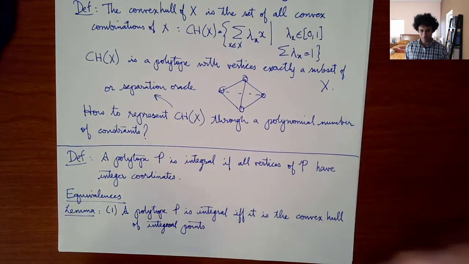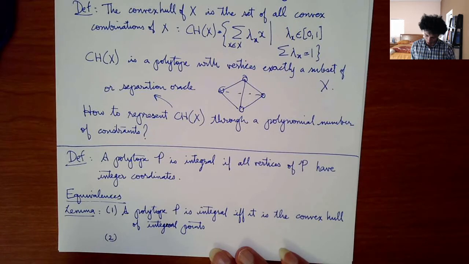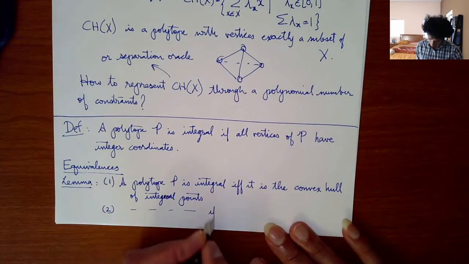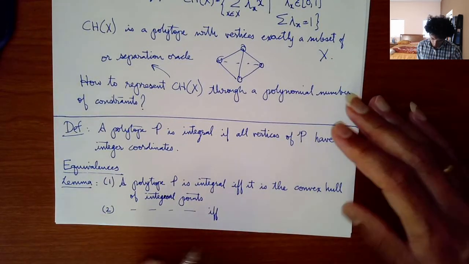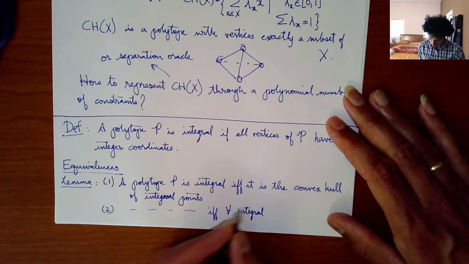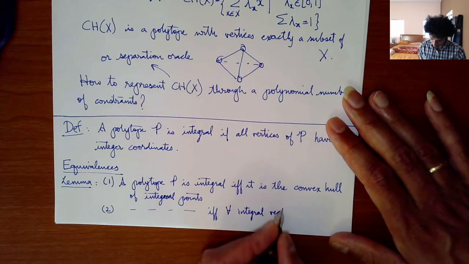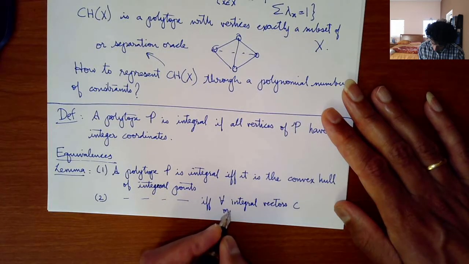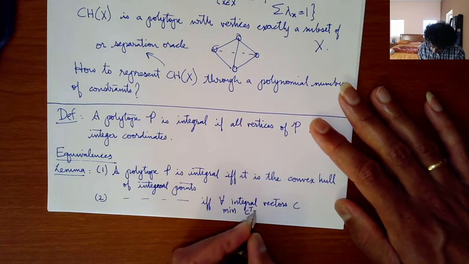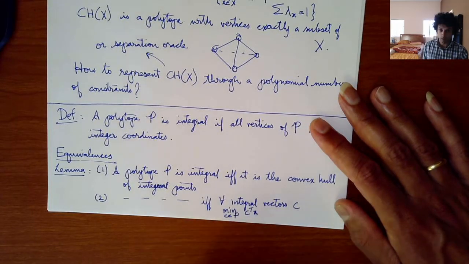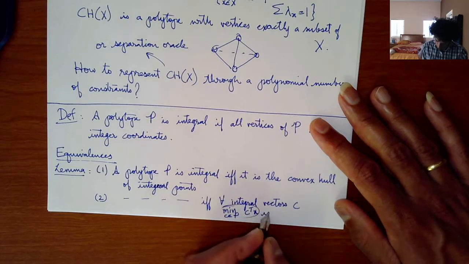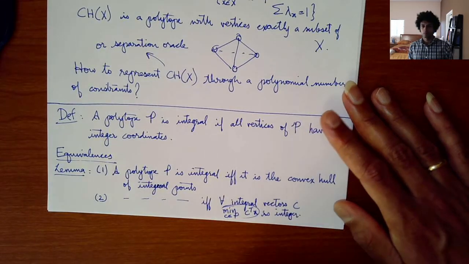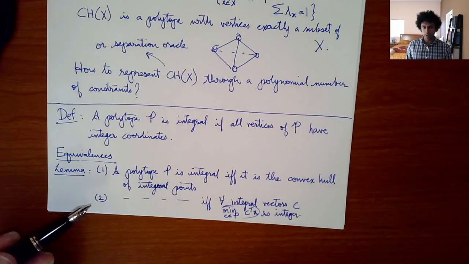And this is an if and only if, because this is a lemma, not a definition. Another convenient one is that polytope P is integral if and only if for all integral objectives C, the min of C transpose X for X in the polytope is an integer. So these are all essentially equivalent.